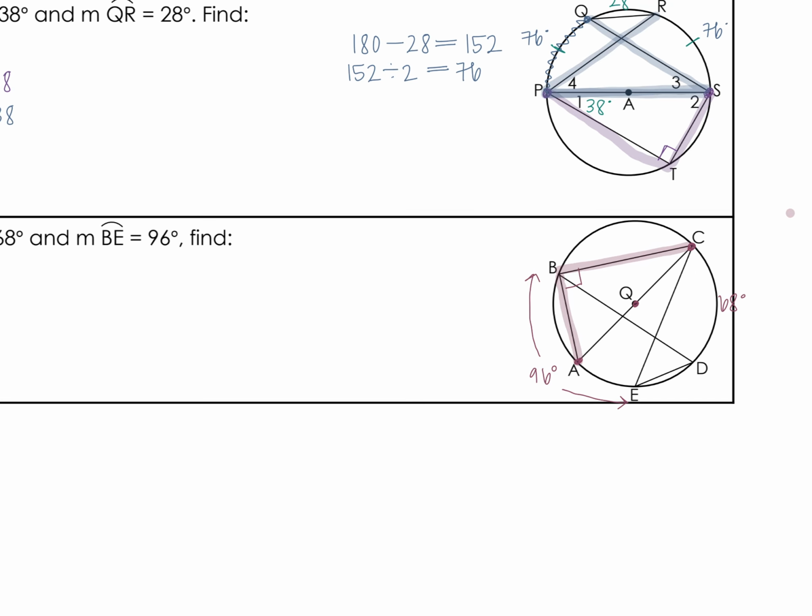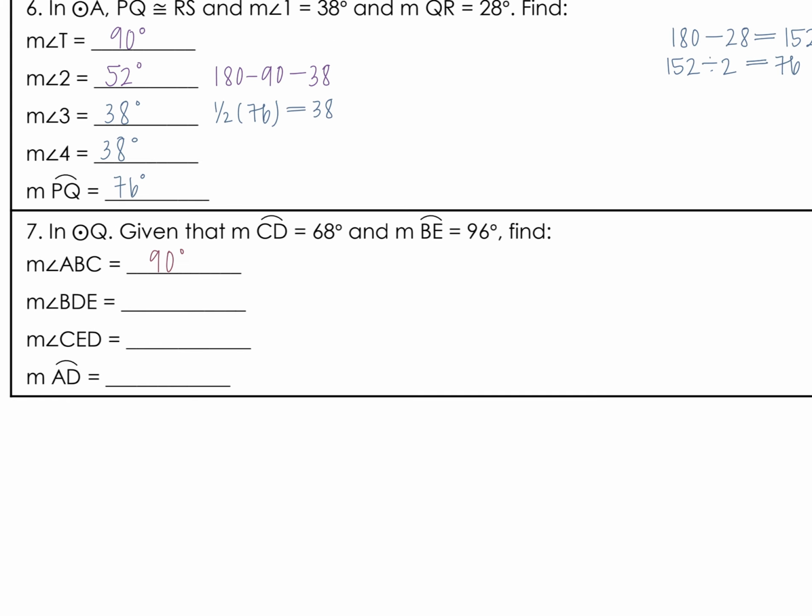So starting at B to D and then over here to E, our endpoints are going to be along that arc that we know to be 96 degrees. And so we're going to take half of that 96 since it's an inscribed angle, and we are going to be left with 48 degrees.